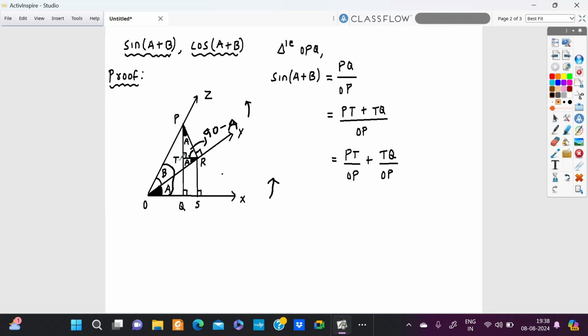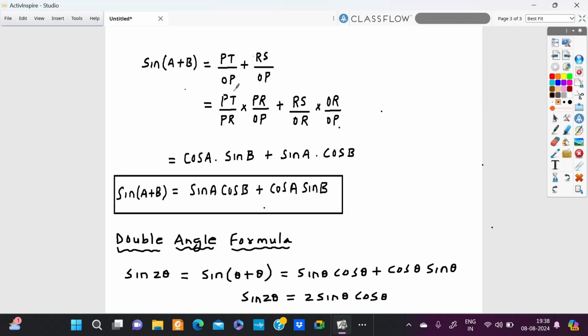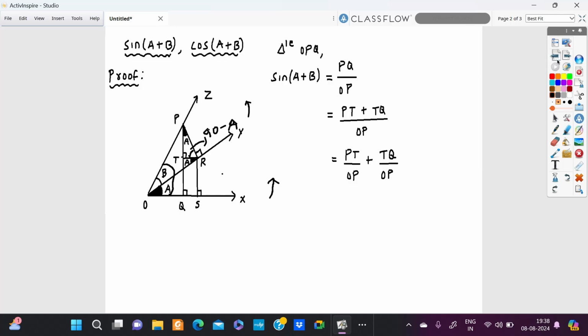If you see, PT is part of the small right-angle triangle and OP is part of another, bigger right-angle triangle. So what I'm trying to do here is include a line which is common to both. PR is a line common to both the smaller triangle and the larger triangle.